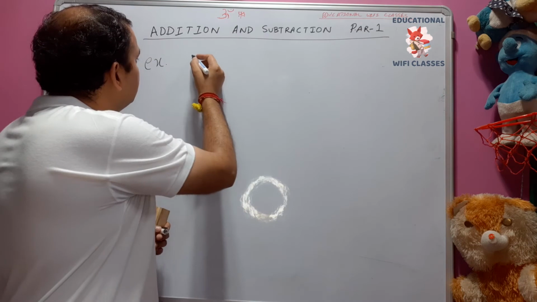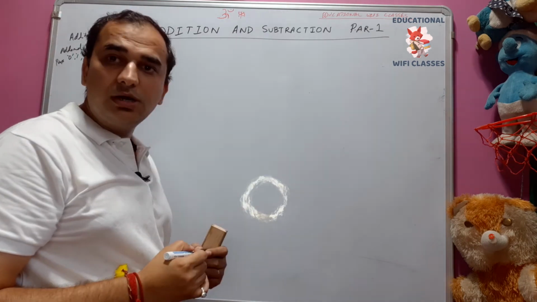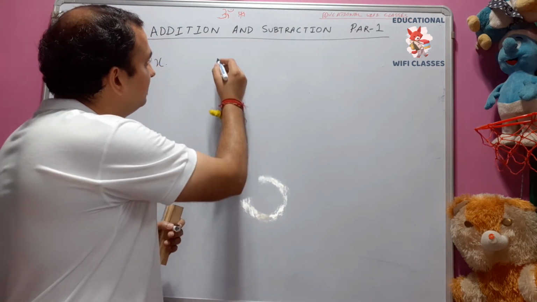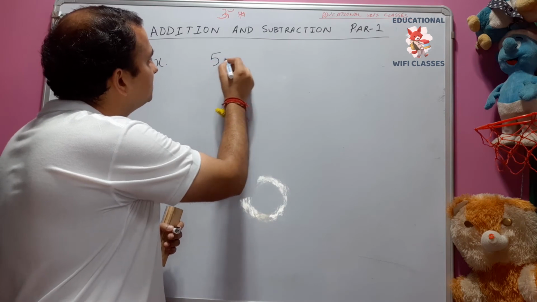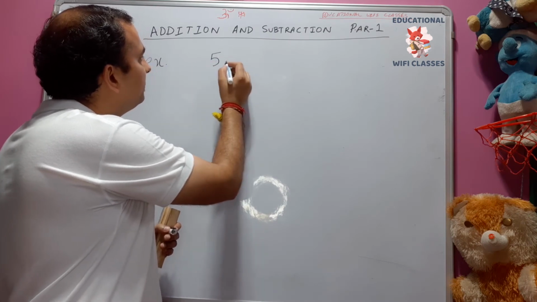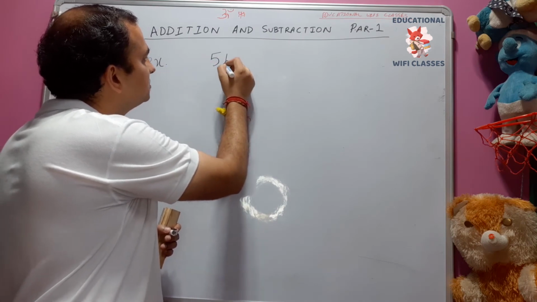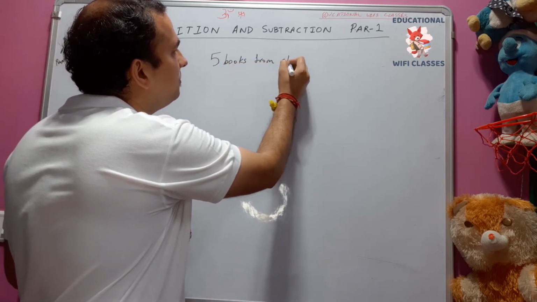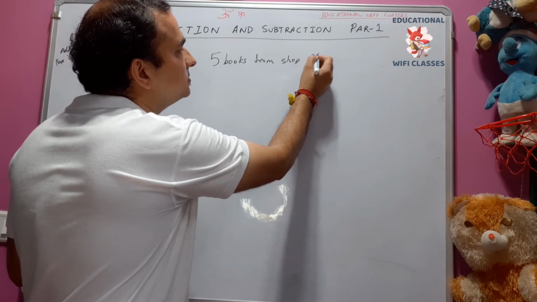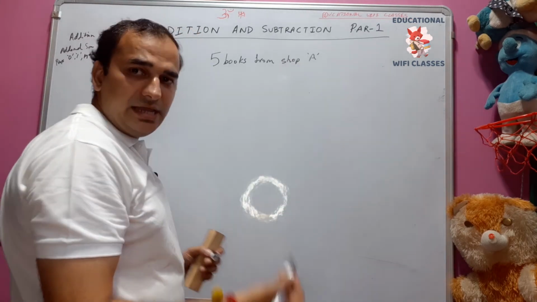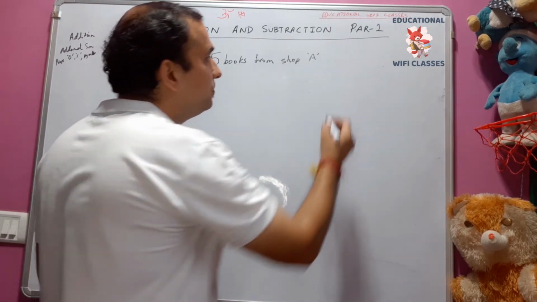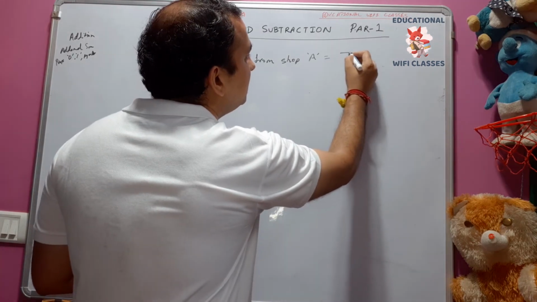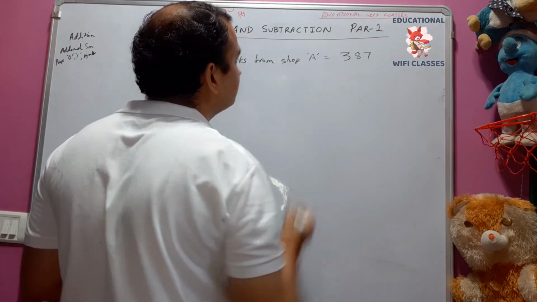Suppose you go to a bookshop and you buy 5 books from shop A, where the shopkeeper asks you to pay 387 rupees.